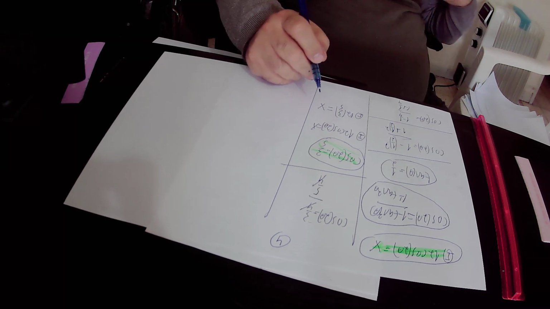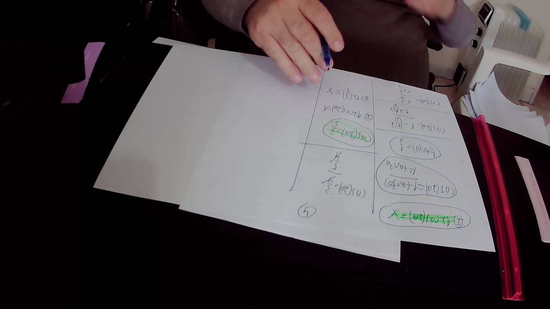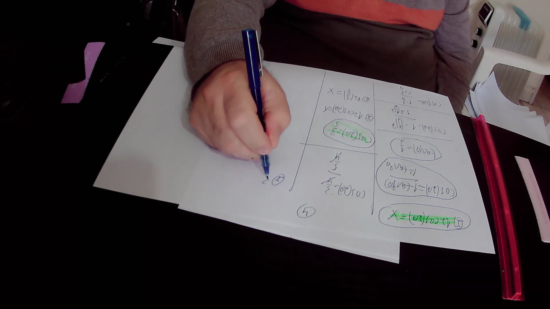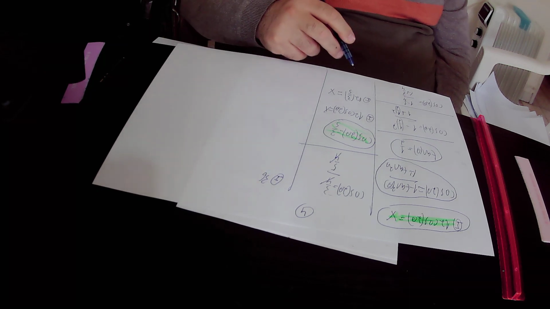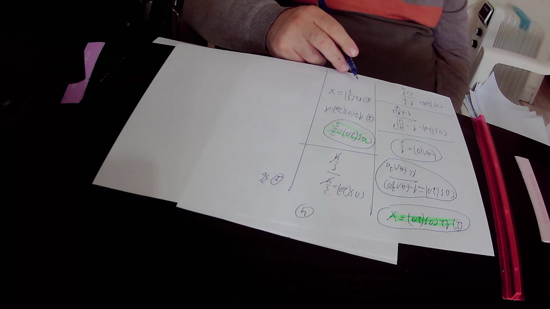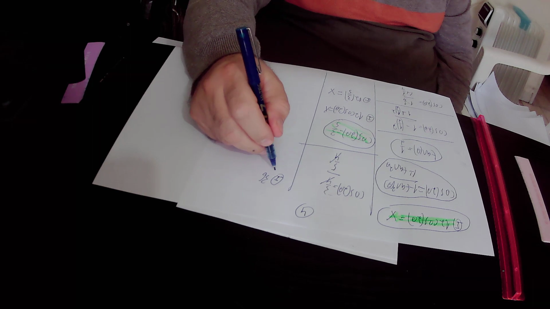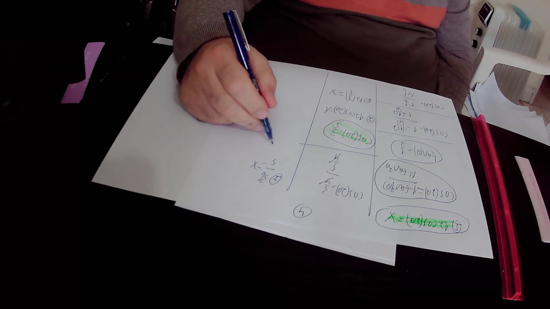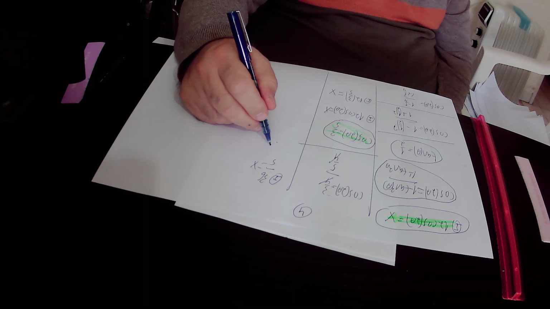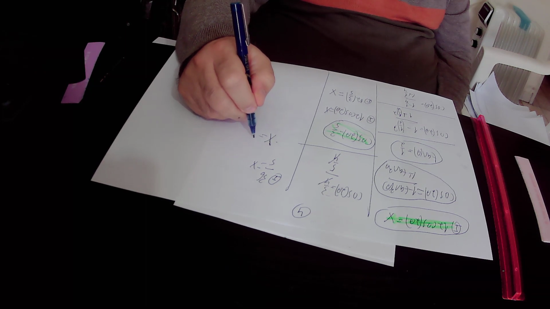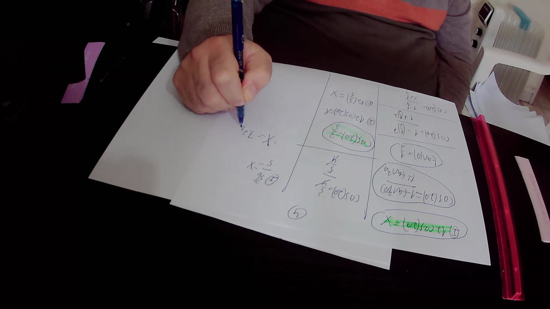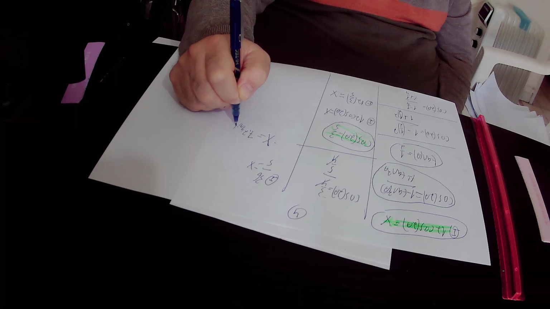So according to equation number 1, 12 times 3 is 36. On this side of the equation we have 36 over 5, that is equal to x. That is to say, x equals 7.2 units, because 36 over 5 is 7.2 units.